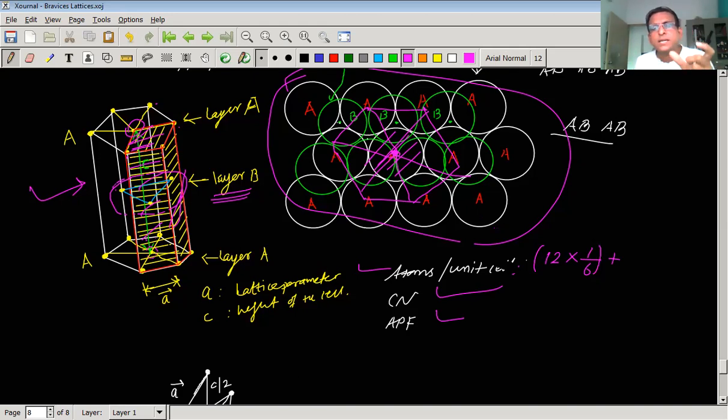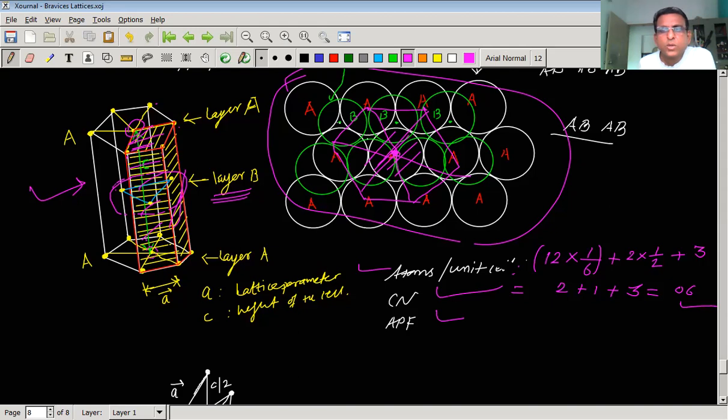That will be shared equally by adjacent unit cells, so that will be 2 into 1/2, plus in case of the HCP structure, there are 3 complete atoms well within the unit cell. So if we calculate, this happens to be 2 plus 1 plus 3. So the total number of atoms in an HCP unit cell is 6. So atoms per unit cell is 6.